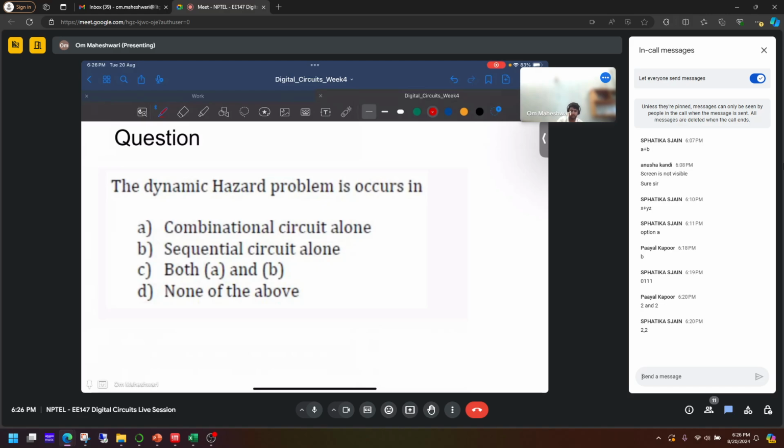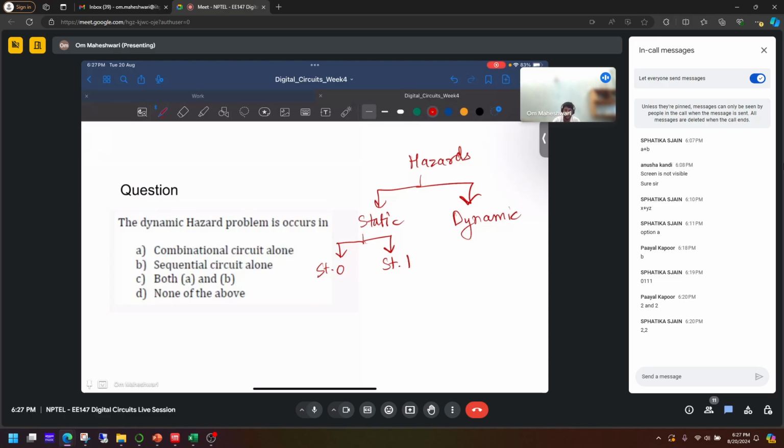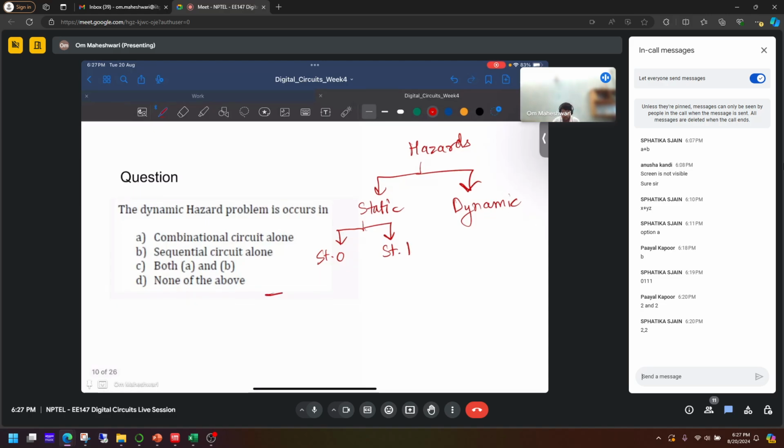Dynamic hazard is a, so we have three types of hazards, right? We have static and dynamic. Static, we also have static 0 and static 1. Static 0 hazard is when your output is supposed to be 0, but somehow in some portion you get a 1.